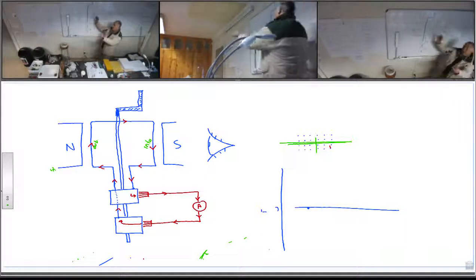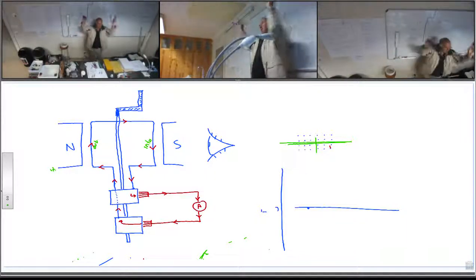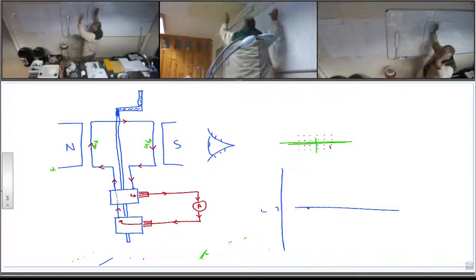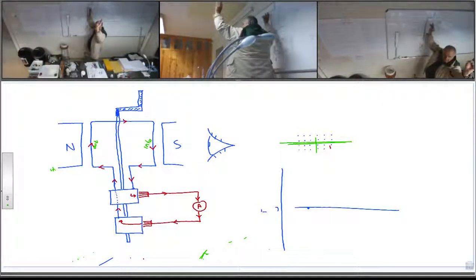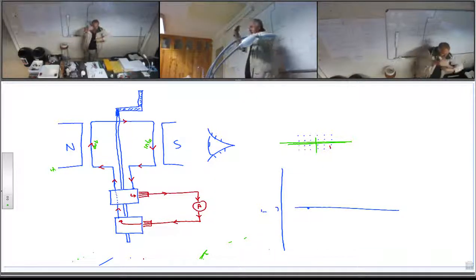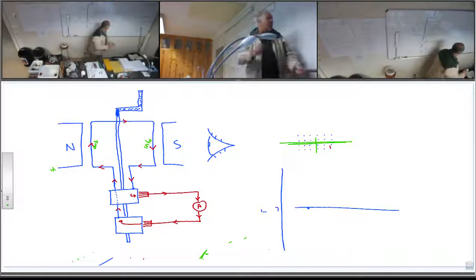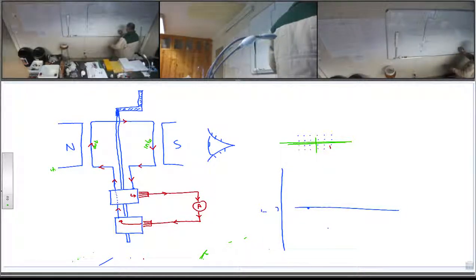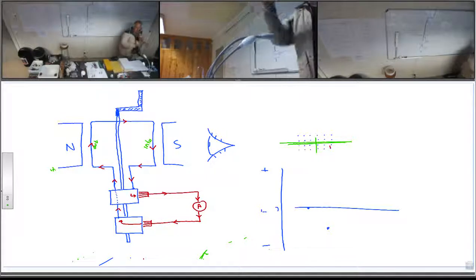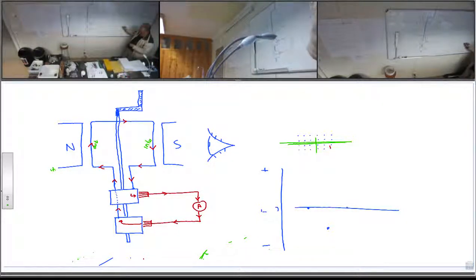Then it gets around to the other side: cutting maximally, no cutting, cutting maximally again. But as we'll look at tomorrow, it's now running in the opposite direction. Maximum current, but in the negative direction. Then it goes back to vertical, which gives you zero.